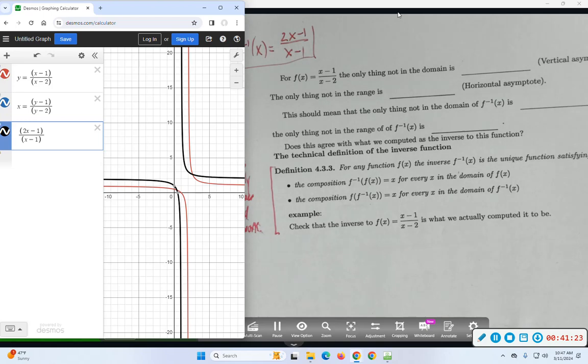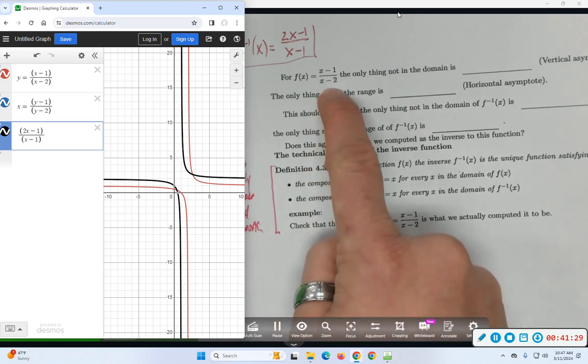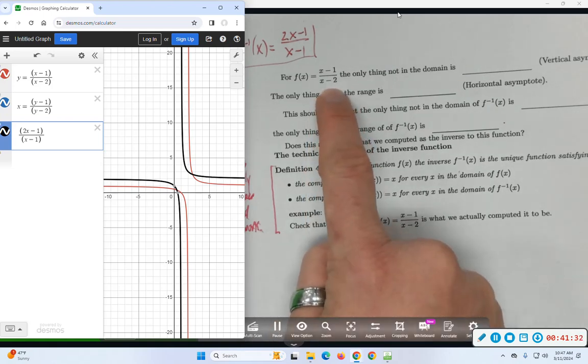So for x minus 1 over x minus 2, what's the only thing not in the domain of this function? 2, right? Because that gives you division by 0.